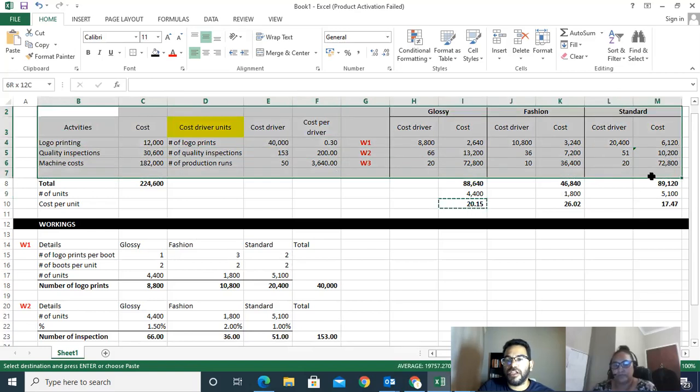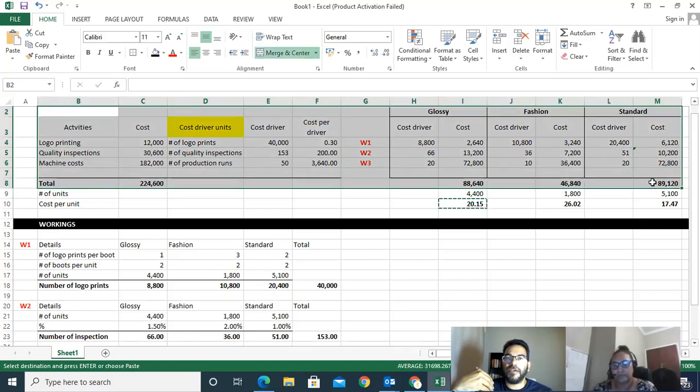In another question, they'd have said, dear student, please calculate the cost of a product using the absorption costing method. Then you should know they want the cost of a product, which is direct material, direct labor, and manufacturing overheads, which includes both fixed and variable.